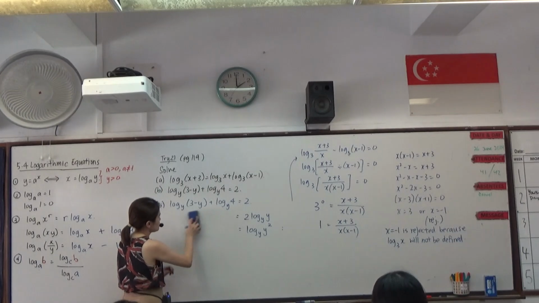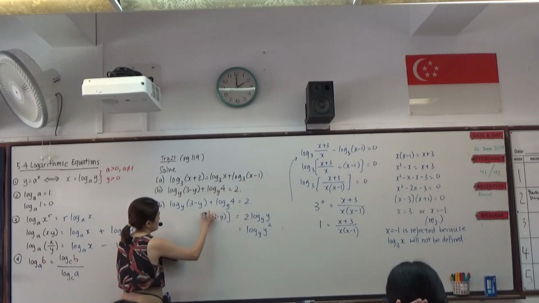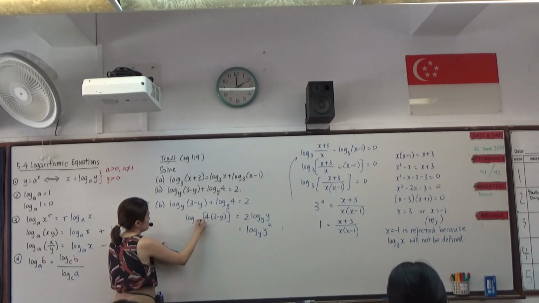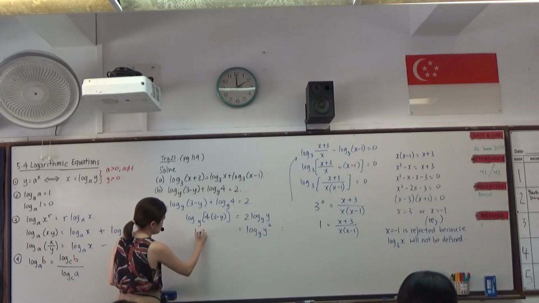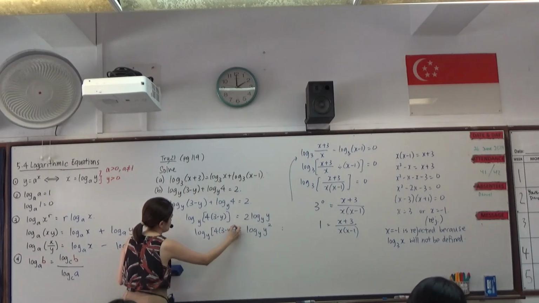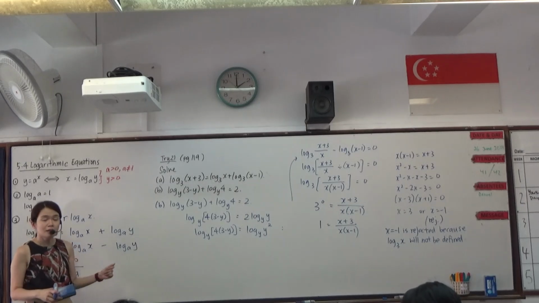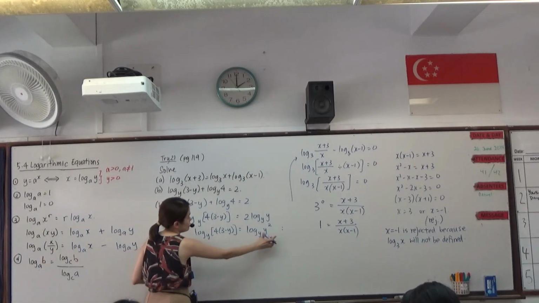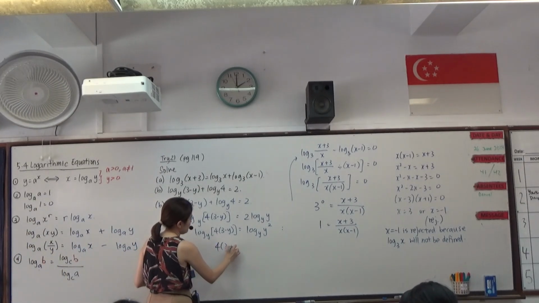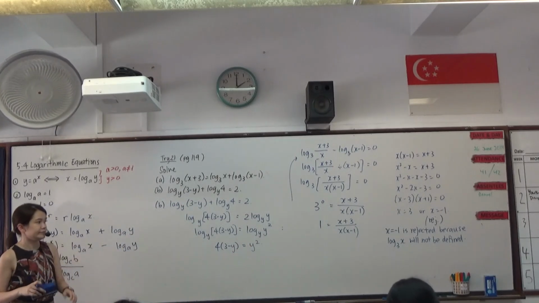It will be 4 times 3 minus y. Then after that, we can say that this 4 times 3 minus y is equal to y squared. Nothing wrong with that.